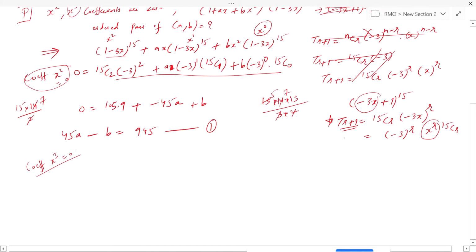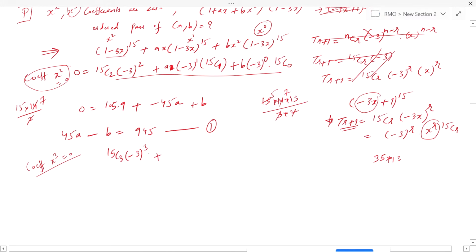No, wait a minute, 35 into 13, and then there is also 27. So it would be 15c3, let me solve it, wait a minute, minus 3 cube. Just tell me in this form what will it be. Got the equation.